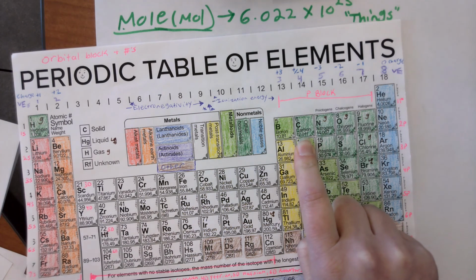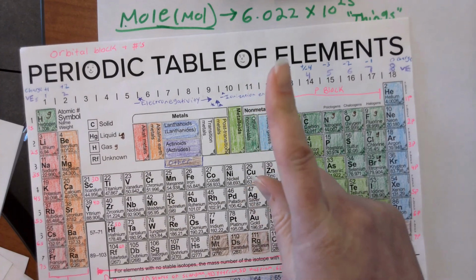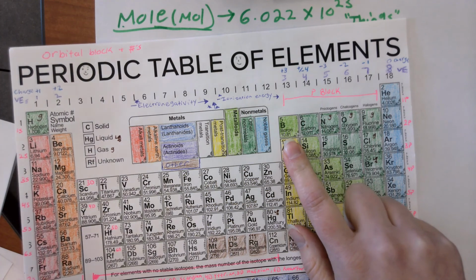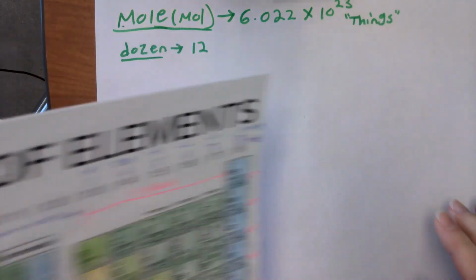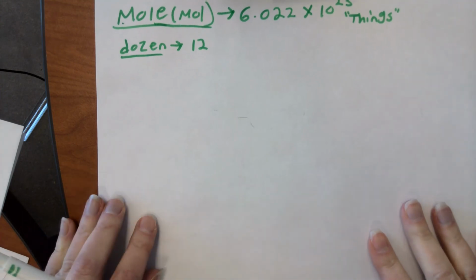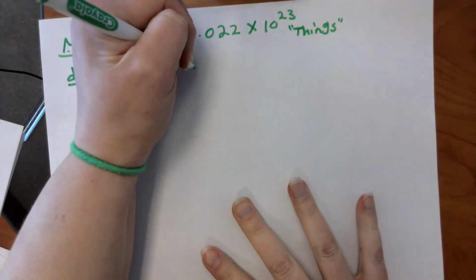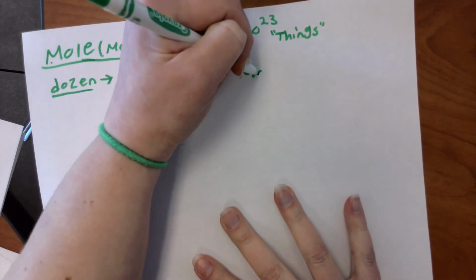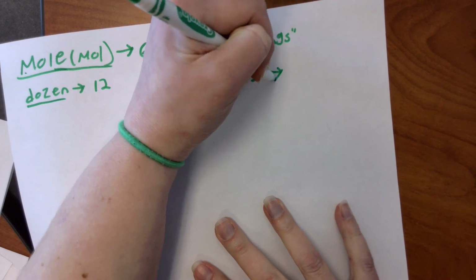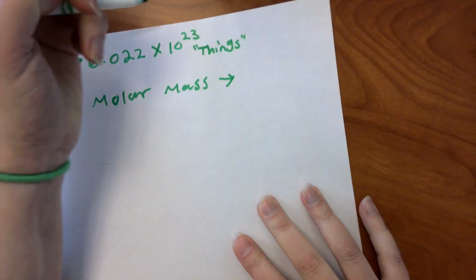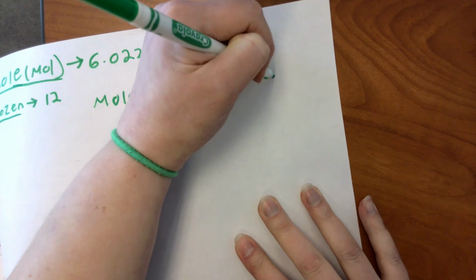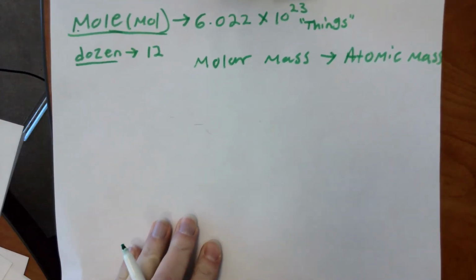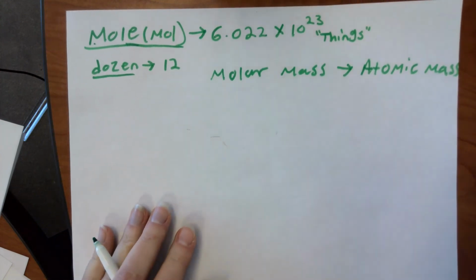Okay? So 1 mole of any of your elements is your atomic mass. So keep that in mind, that your molar mass is connected to your atomic mass. Okay? Keep that in mind when we're going through our mole practice.